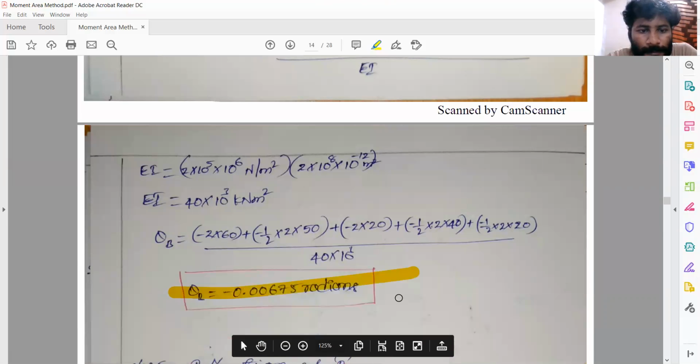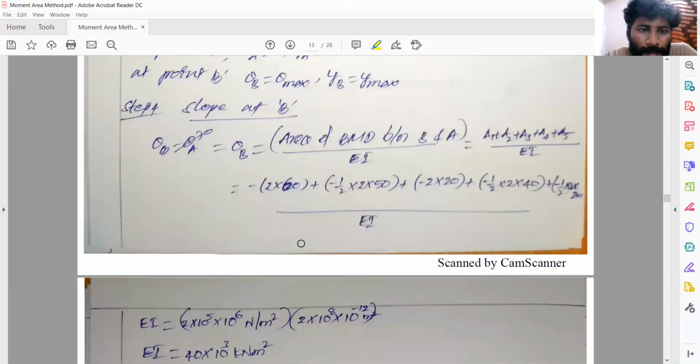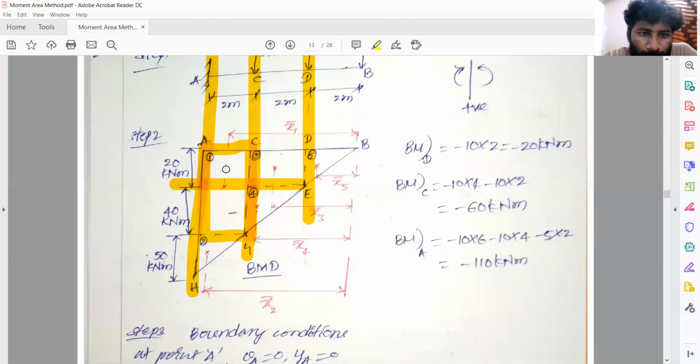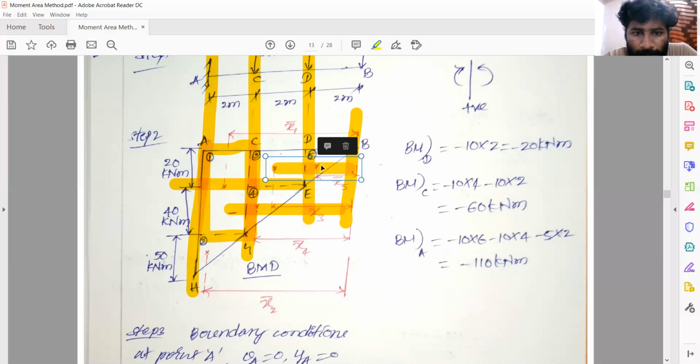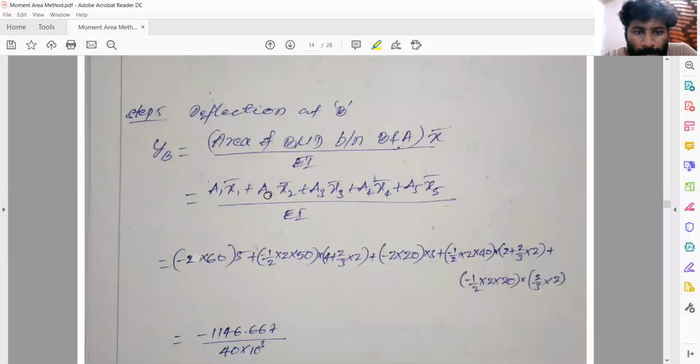Then the deflection at B is the area of the BMD between B and A into X bar. So this area into X bar about B, again this area into X bar, and again this area into X bar, where X bar is the distance between the centroid of the area and B. That's what is written here: A1 X1 bar plus A2 X2 bar.